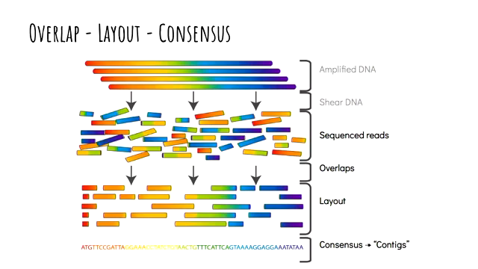And then by finding a Hamiltonian path through that graph, we can walk through the graph and find consensus contigs. And if you remember, we did Shakespeare and Yoda last week, trying to figure out a way of finding the overlaps and laying them out and then pulling out a consensus sequence.